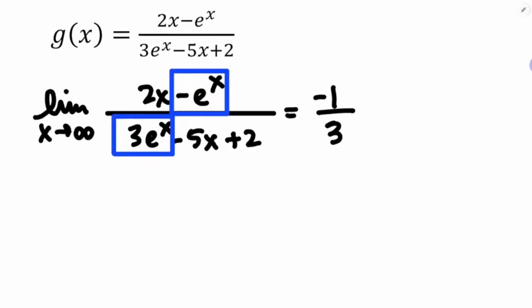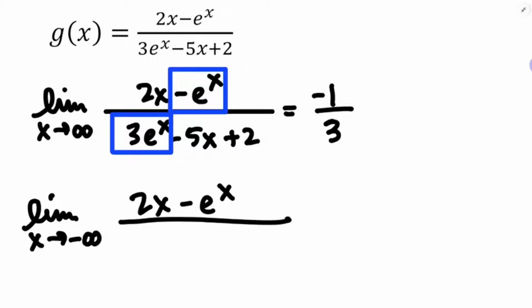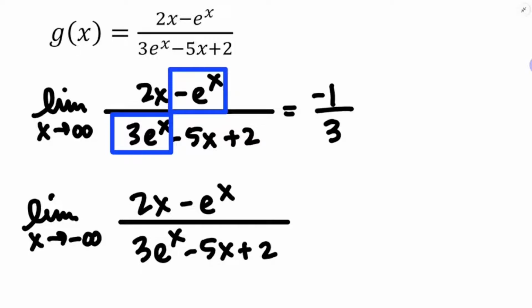But we need to think about the limit as x approaches negative infinity as well. Of 2x minus e to the x. Well, that e to the x is going to go towards 0 as x approaches negative infinity, for reasons that we discussed in class, or in the video of the lesson. So as x approaches negative infinity, that's going towards 0, so is that.